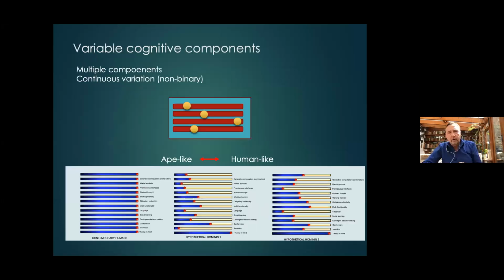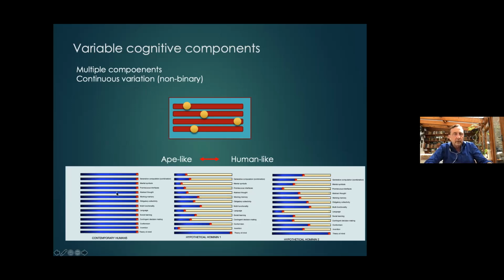And the point of what we're suggesting is that if we take all these traits, different hominin taxa will have different combinations of them. It's not as if cognition evolves as a single thing. So very simply, contemporary humans, we just assume they're all at 100%, on the left here, on this idea of a slider switch.